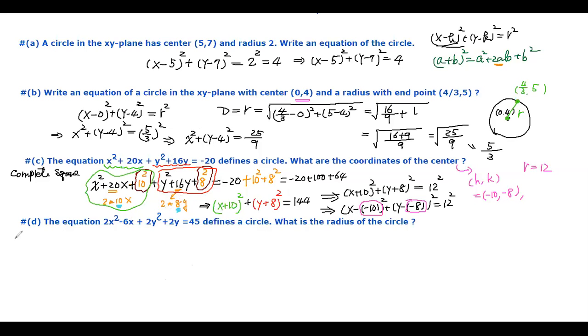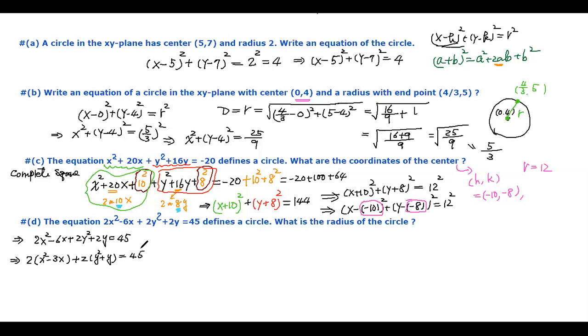Okay, so now let's take a look at how I do this, right? So I have 2x squared minus 6x plus 2y squared plus 2y equal to 45. All right. Because this is 2x squared, I need to factor the 2 out. So this is 2 times x squared minus 3x, plus 2 times y squared plus y, equal to 45, right?